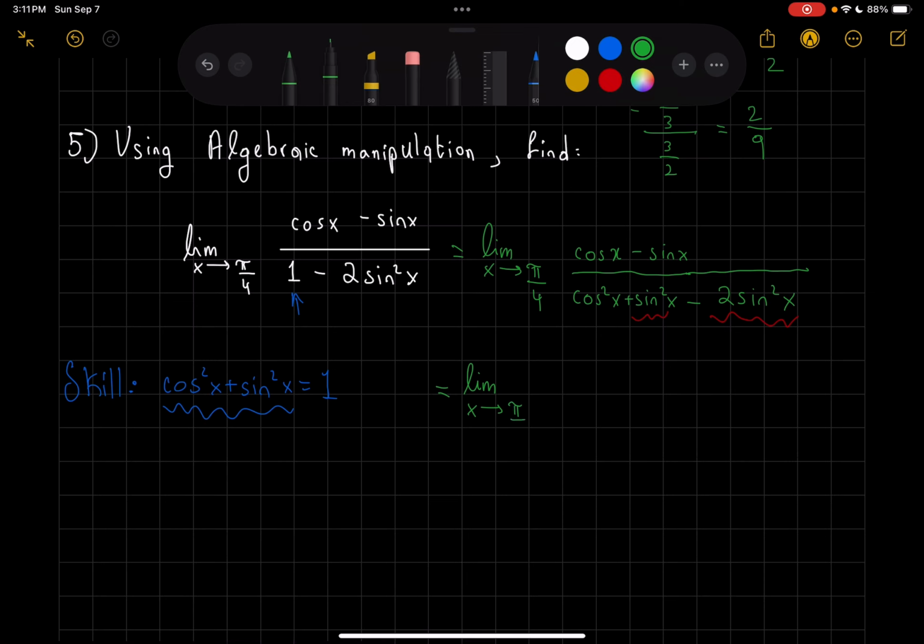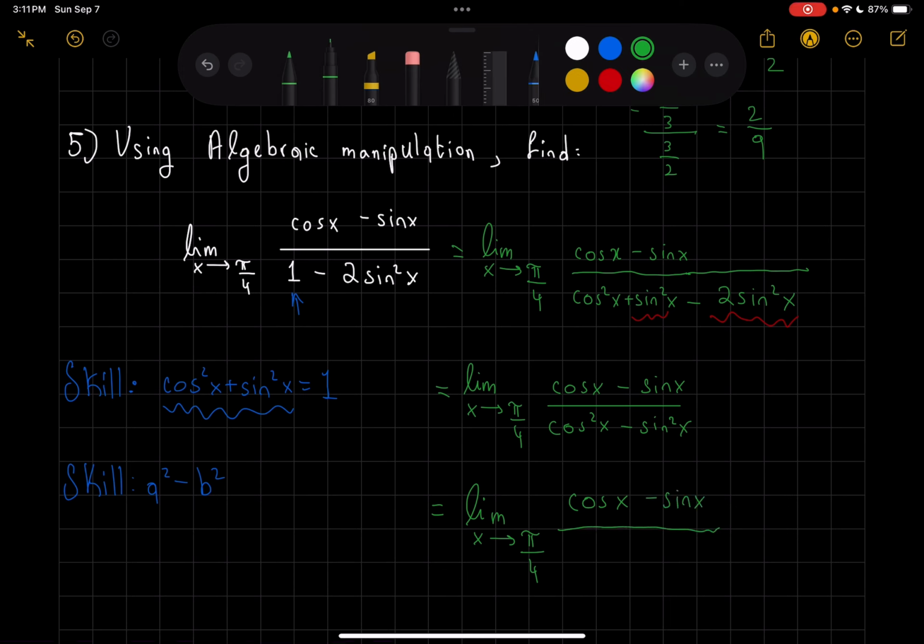So x is going to pi over 4 cosine x minus sine x over cosine squared x minus sine squared x. Once again, we are going to use the skill a squared minus b squared. So this is my a squared, this is my b squared. So a minus b, a plus b. Notice how I'm rewriting the word limit every single time. It's very important.